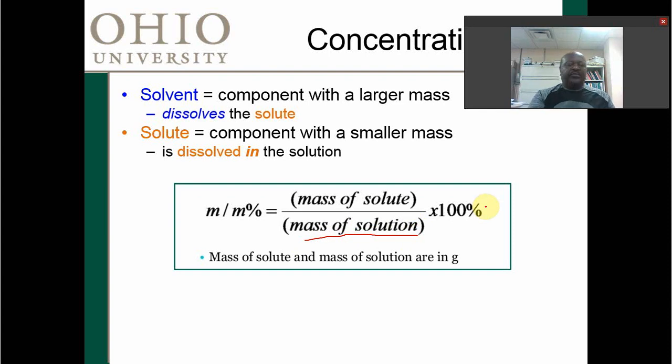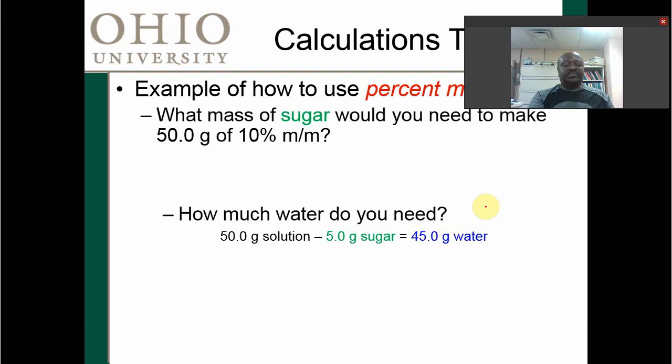Okay, moving right on. So, you need to make 10% solution, 50 grams. You kind of know just from everyday living that 10% of 50 grams must be 5 grams of solute. Let's do it legally. Let's write what 10% means.